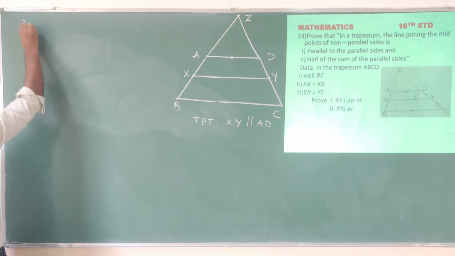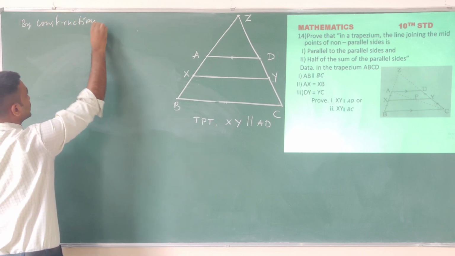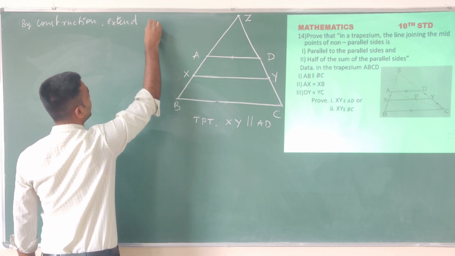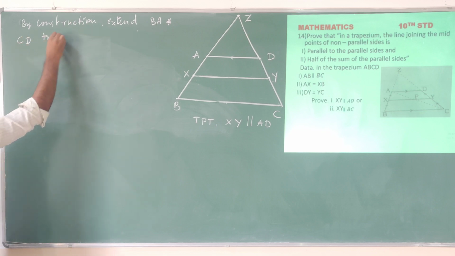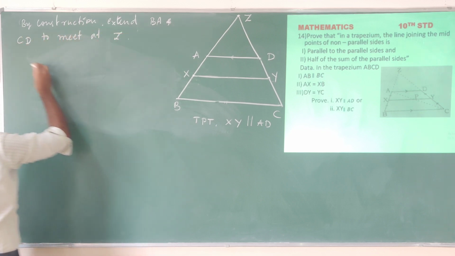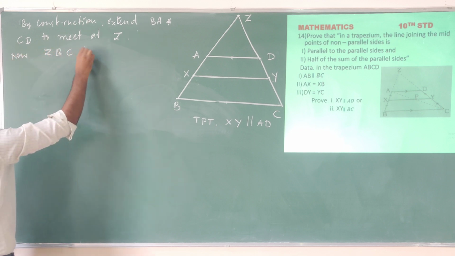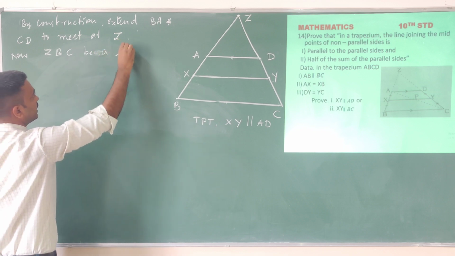What is the construction? By construction, extend the sides BA and CD to meet at the point Z, so that ZBC becomes a triangle in the plane.